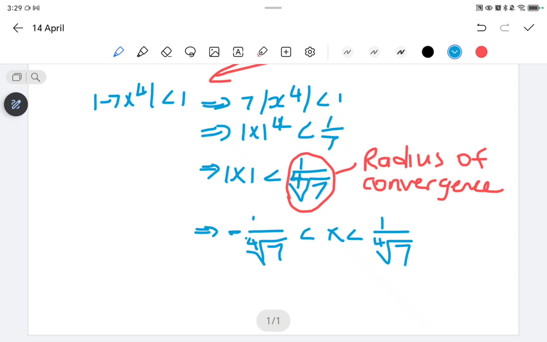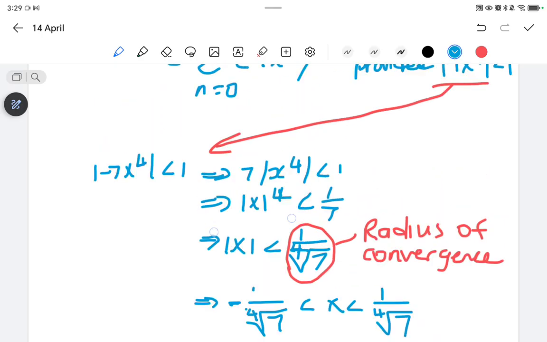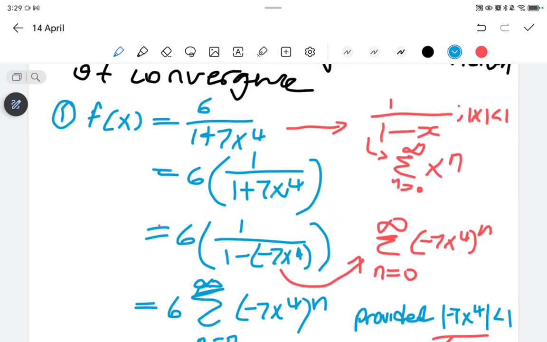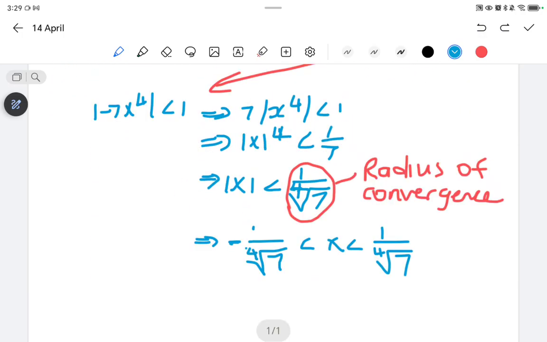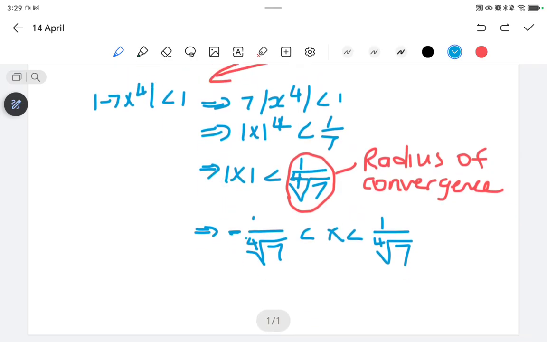In this case, we don't need to check the endpoints of the interval, because we're able to change this equation into this format. Whenever you can change it to this format, just know that whatever interval you get will be your interval of convergence. You see, right? So it means that the final solution will be for the power series.